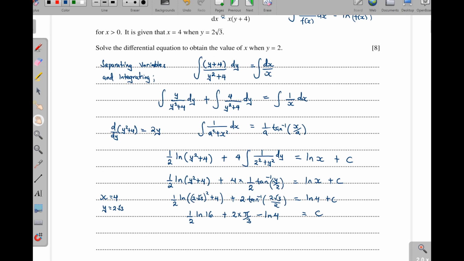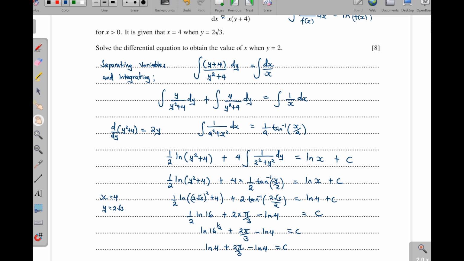Now for this one, I can take this a half up here using rules of logarithms. So that is a half, then in fact, now that one becomes 16 power half, which is a 4, not so? Don't you think it cancels with this other one here? Because this is natural log of square root of 16, which is a 4, then plus 2 pi over 3 minus the natural log of 4.